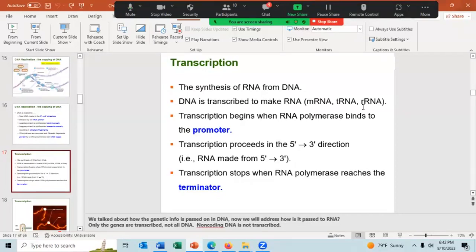All right. Transcription begins when the RNA polymerase binds to the DNA, and the RNA polymerase binds to the promoter. Let me draw that if I can.